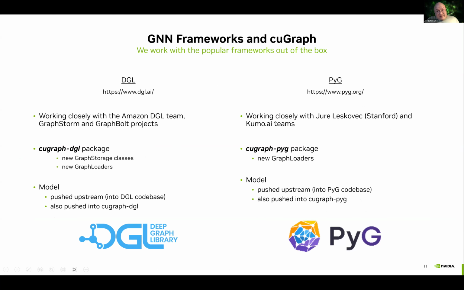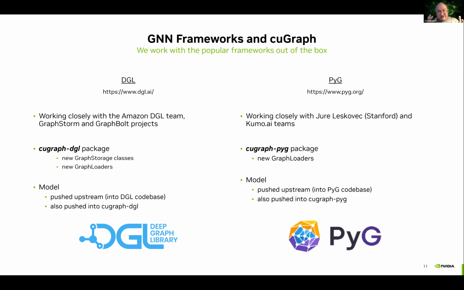When we talk about GNNs, graph neural networks, there's 2 dominant frameworks that are the big fish. Deep Graph Library, DGL, comes from Amazon. They use it extensively internally for their product recommendation and fraud detection systems. And then PyTorch Geometric, PyG, came out of Stanford. And Jure Leskovec's work at Stanford, he uses it extensively in his work at Kumo.ai.